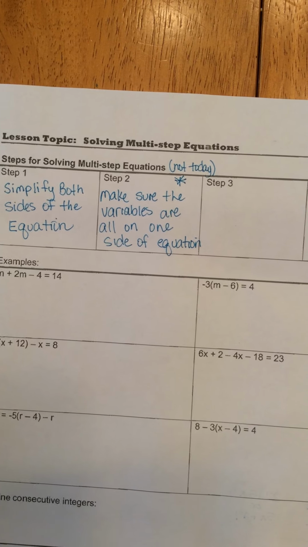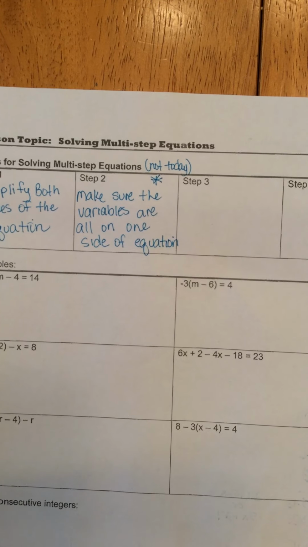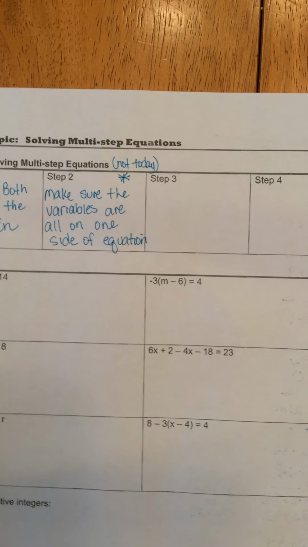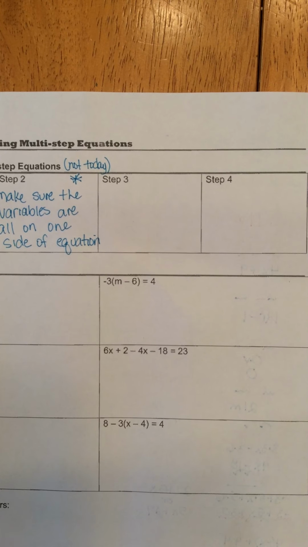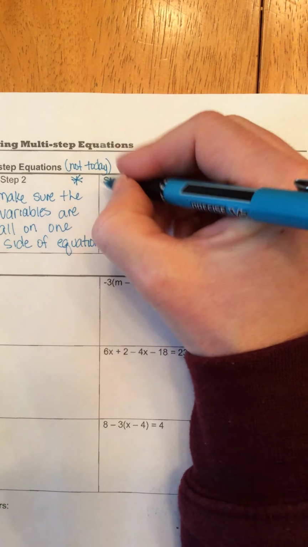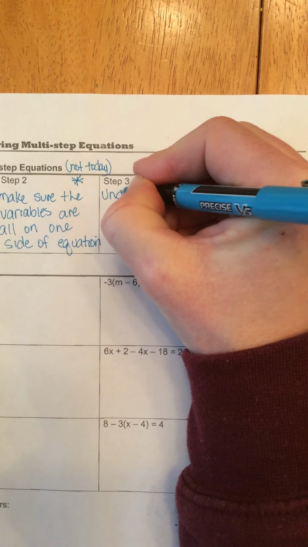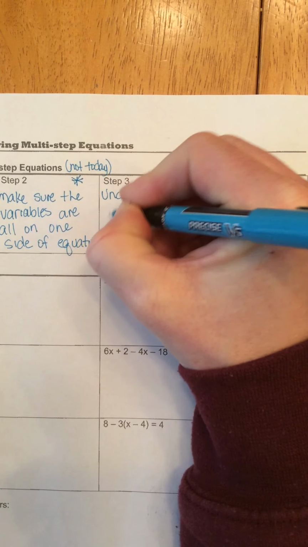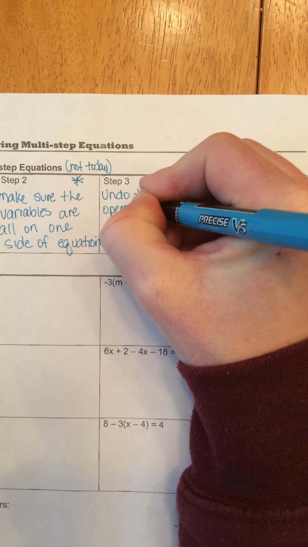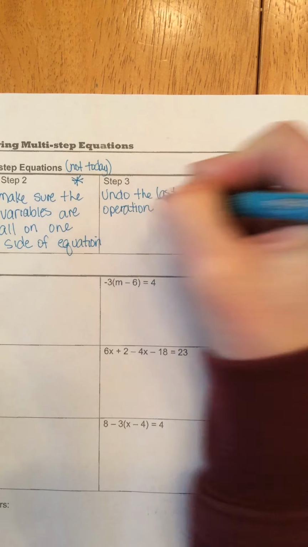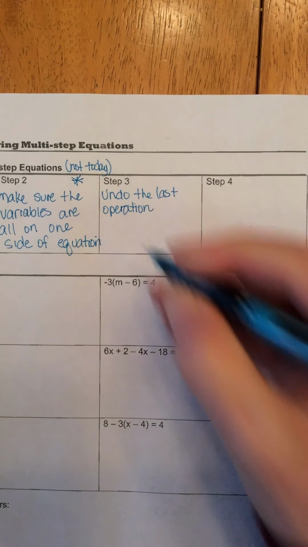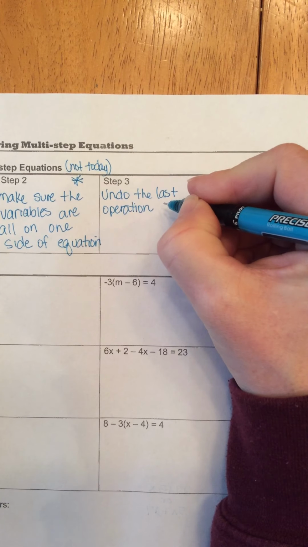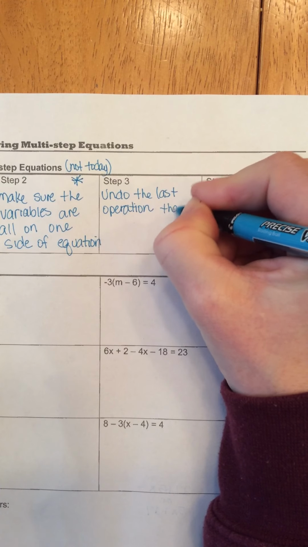Step three, really now, once that happens, we should be in the same position we were before, where it's going to be a two-step equation. And so remember, we're going to undo the last operation. So thinking of order of operations, we're going to undo the last operation that was done.